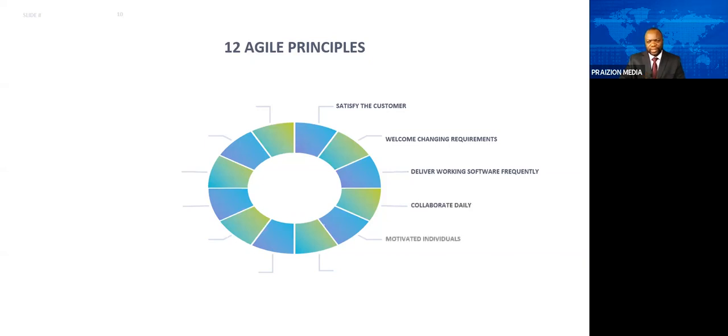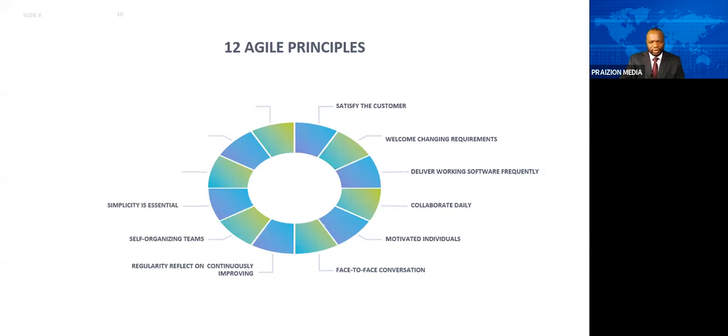Collaborate daily through daily stand-ups, motivated individuals, face-to-face conversations. That's why we co-locate the team a lot in the world of Agile. Regularity in reflecting on continuously improving. Self-organizing teams. We assume people are adults. They can manage their work themselves.